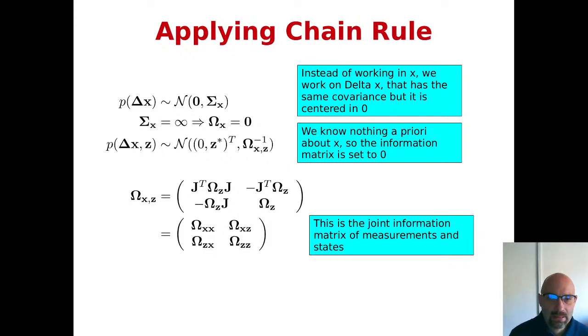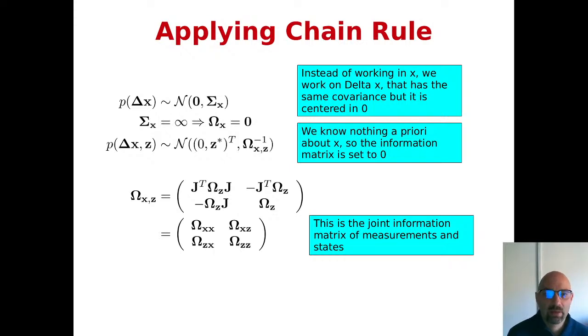Now, applying the chain rule results in the need of putting in some assumptions or some facts. And these facts are, first of all, I know nothing about the covariance of the state. I do not have a prior in this circumstance.